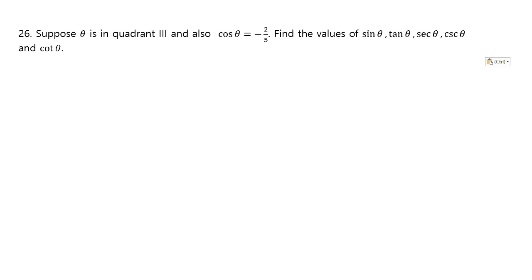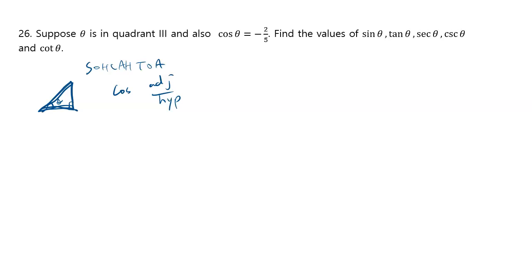So what you want to do is you draw a triangle. Draw a triangle. And choose an angle theta, it's 90 degrees, and use Sohcahtoa. And according to this, cosine is adjacent over hypotenuse.